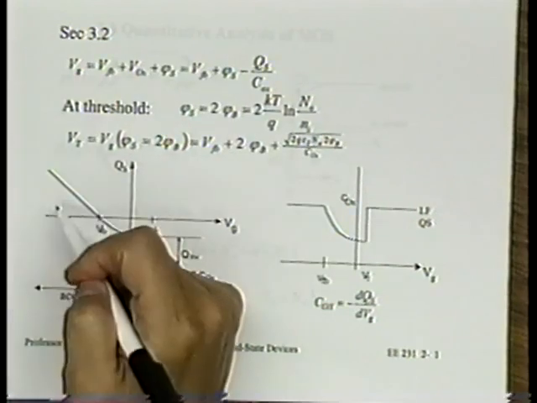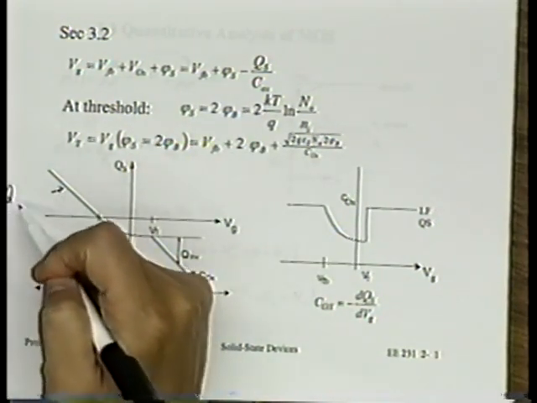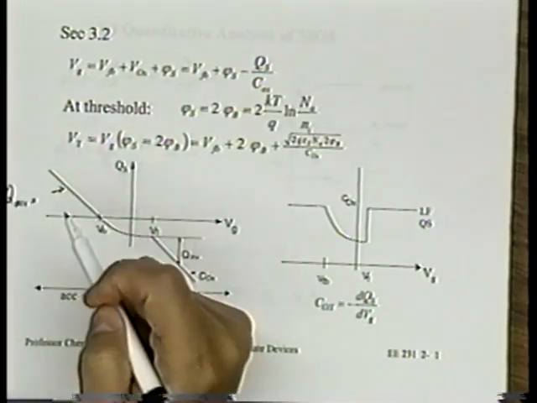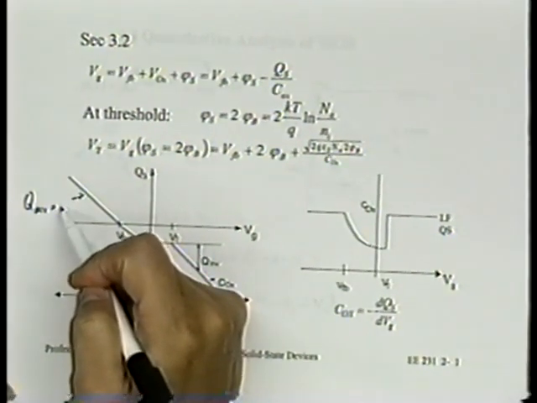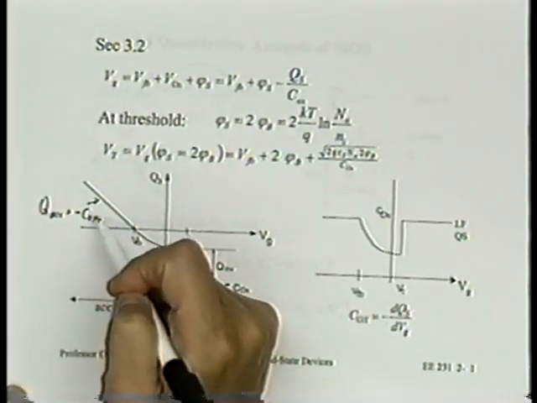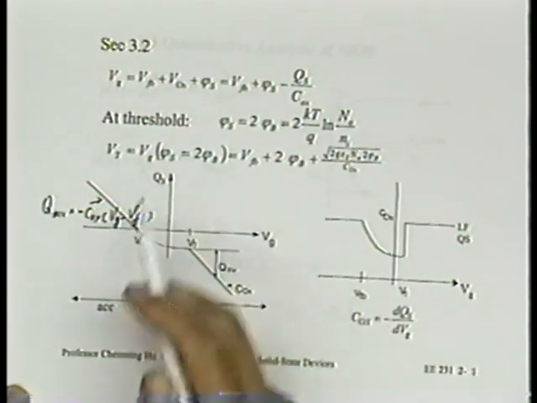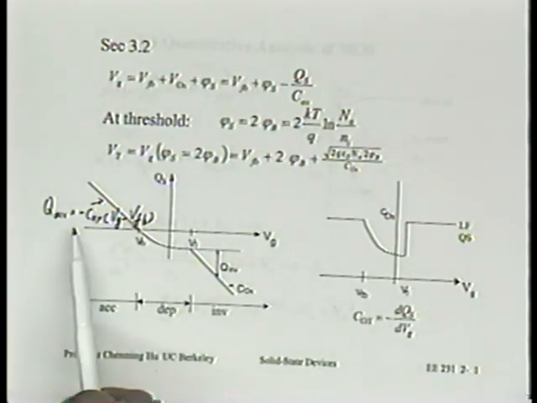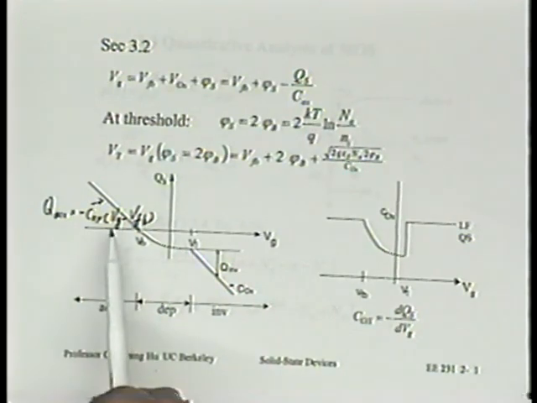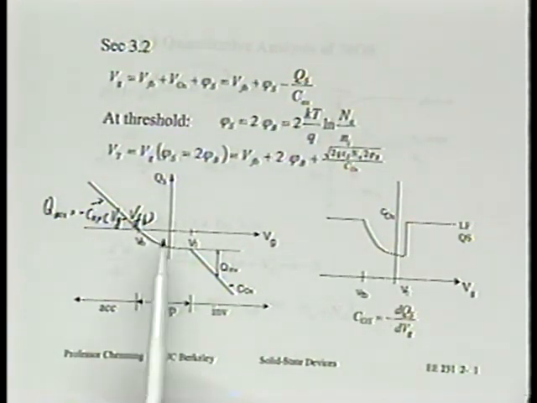In other words, the charge in accumulation is, as always, minus Cox times (Vg minus VFB). Right? So charge Qs is equal to minus C V, except V is offset by a voltage called VFB.